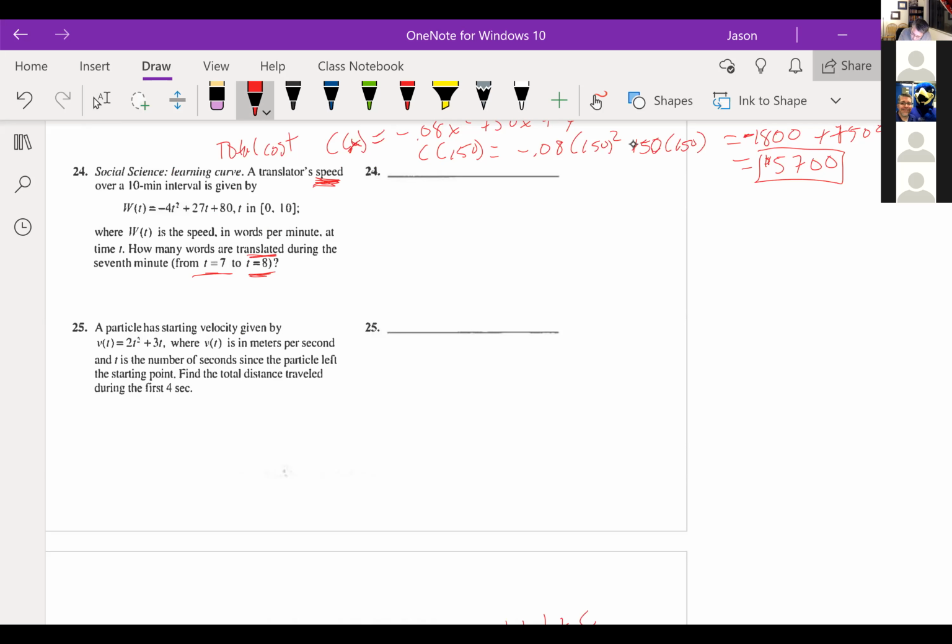So we're going to integrate from 7 to 8 on negative 4t squared plus 27t plus 80, right? So this is going to be negative 4t cubed over 3 plus 27t squared over 2 plus 80t evaluated from 7 to 8.